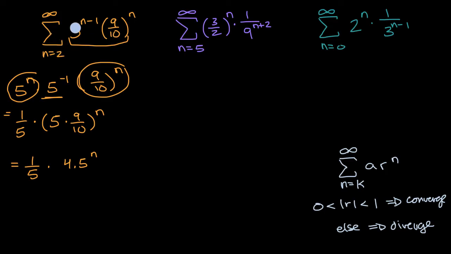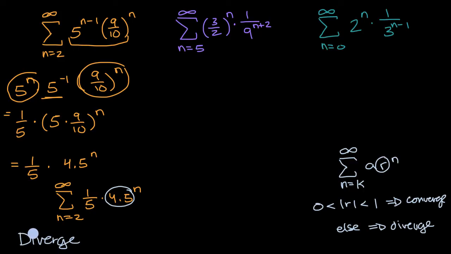That original series I could rewrite as, starting at n equals 2 and going to infinity, 1/5 times 4.5 to the n. So what's our common ratio? What's our r here? You can see very clearly it is 4.5. The absolute value of 4.5 is clearly not between 0 and 1. So this is a situation where we are going to diverge.